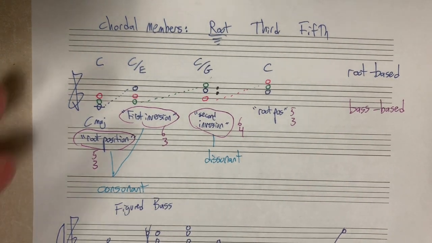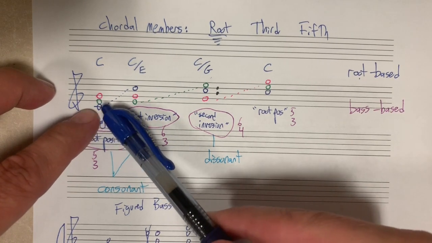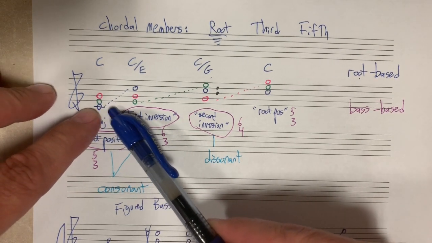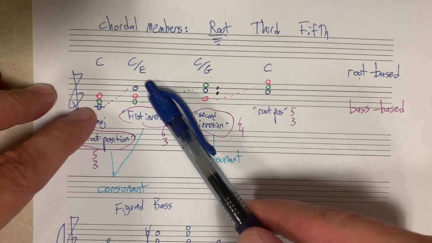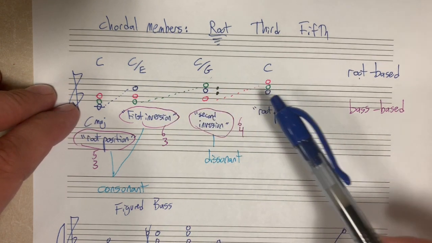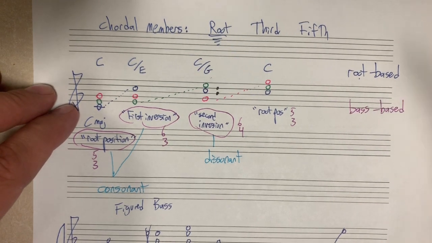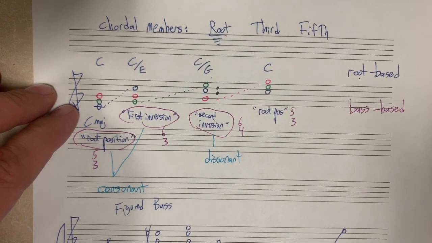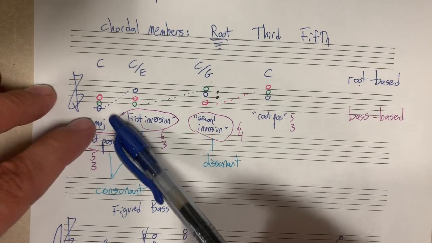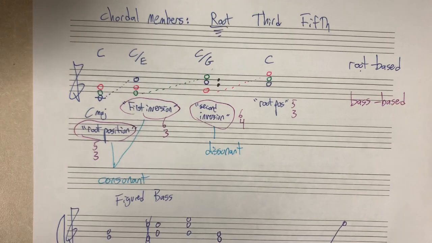But so the root is the root no matter what. That's why I did this color coding. See, the root is the blue, and even if it's not the lowest note, it's still the root, right? It's the root no matter where it is in the chord. The bass always means the lowest note. It doesn't matter if you have 3 piccolos playing super high, the lowest one is the bass. So here the bass is a C, here it's an E, here it's a G, here it's a C.